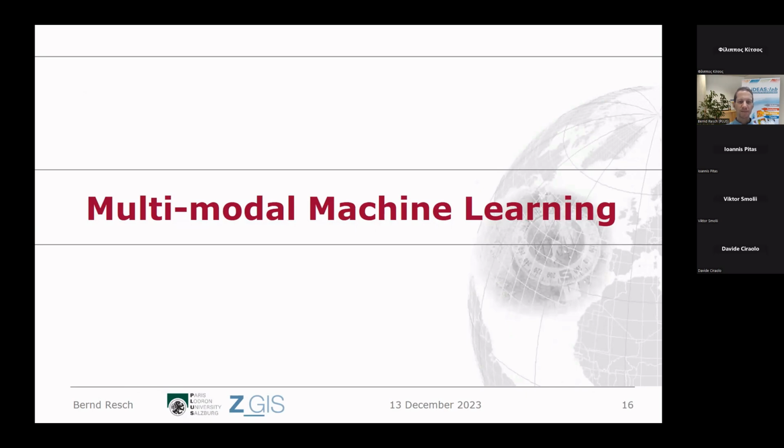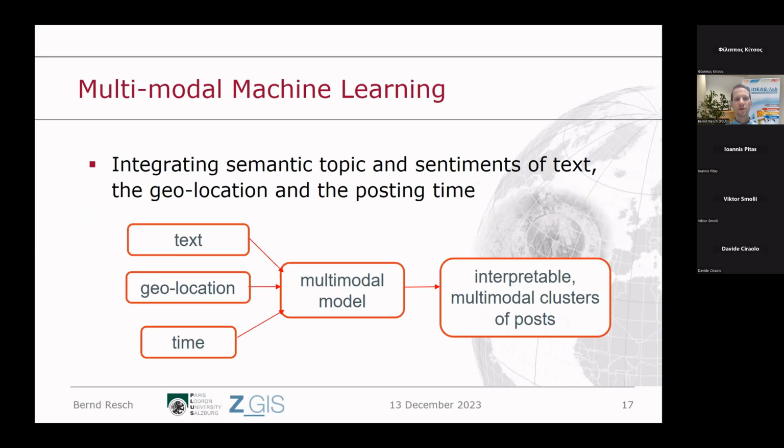So that's the basics. Now, before I sketch out a few other use cases, I would just go into the core of my presentation in terms of methodology, which is multimodal machine learning. What I said before is that the modes that we see in social media data are georeference, time, images and videos, different kinds of media, which is text and others sometimes. So the idea that we had was this.